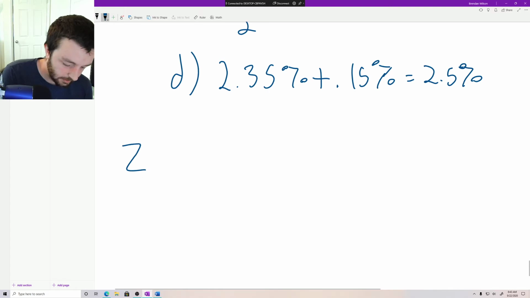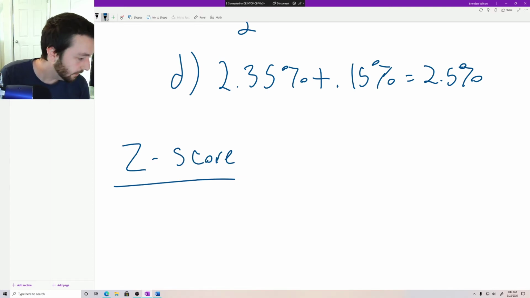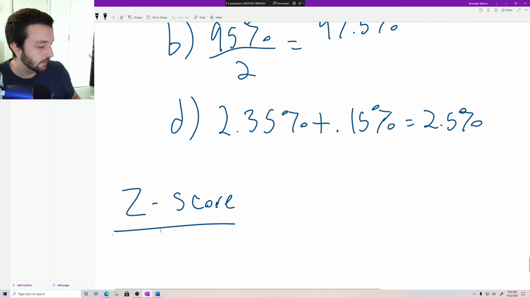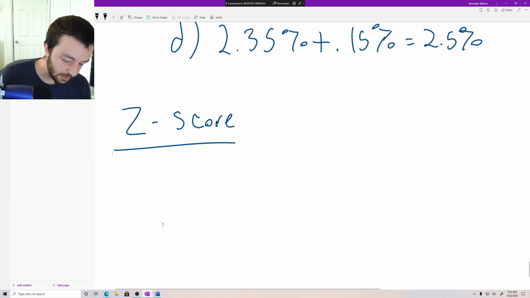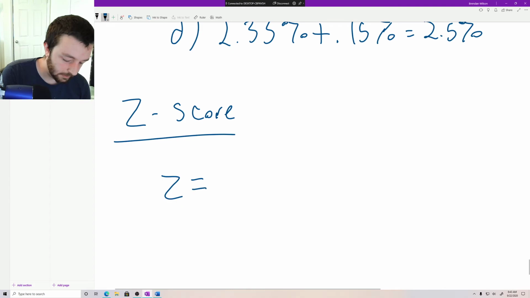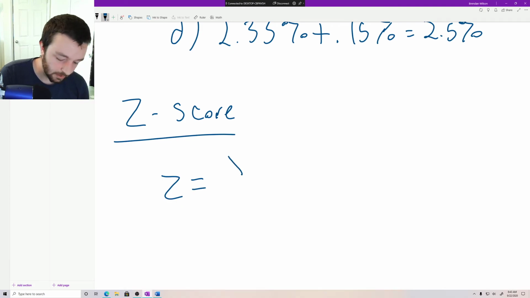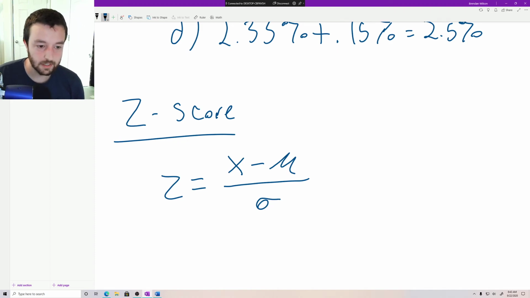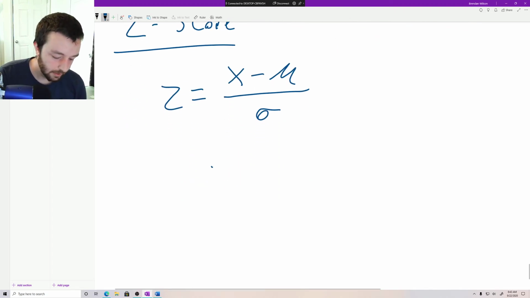All that's here is called the z-score. The z-score is a way of standardizing our data to look at one score. The z-score is given by z equals our data x minus the population mean divided by the population standard deviation. So x is the data value.